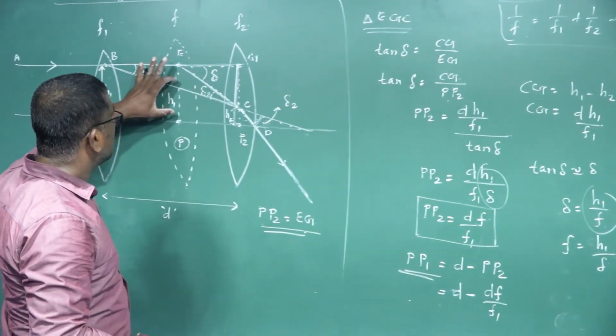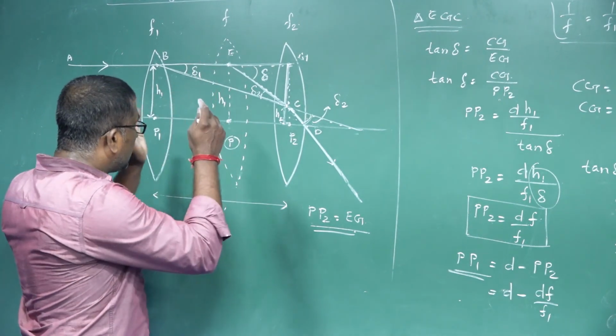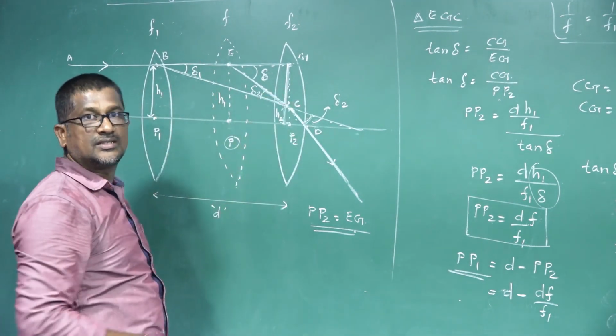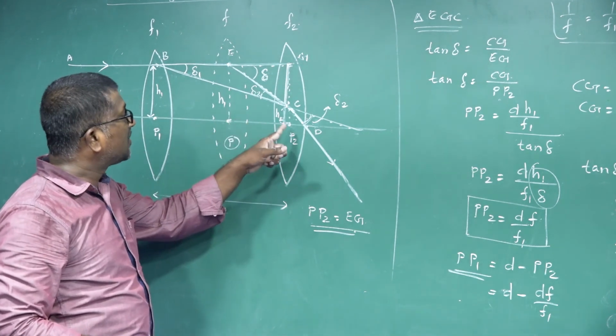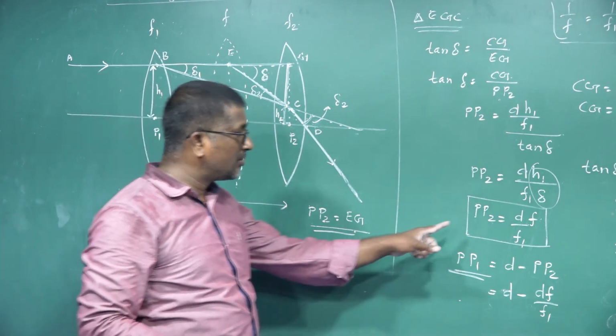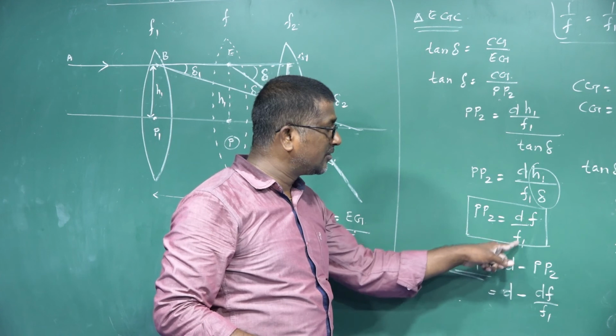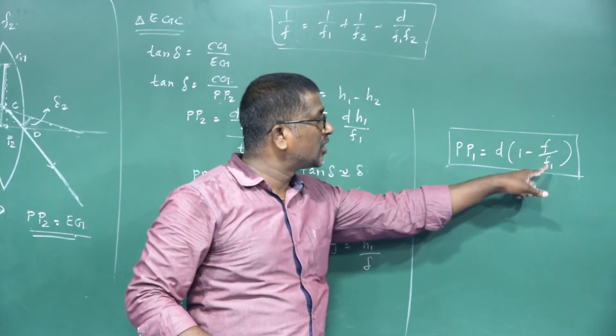Definitely that single thin lens, that is the imaginary thin lens, should lie in between these two lenses. The position of the new lens from the second lens and from the first lens can be calculated by using the formulas P2 is equal to DF divided by F1 and P1 is equal to D of 1 minus F divided by F1.